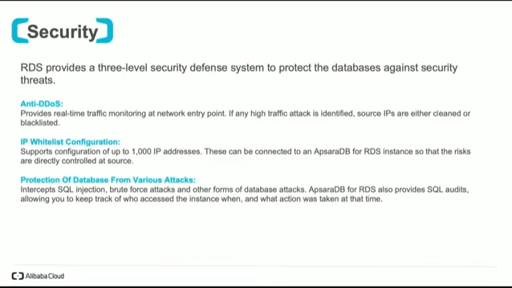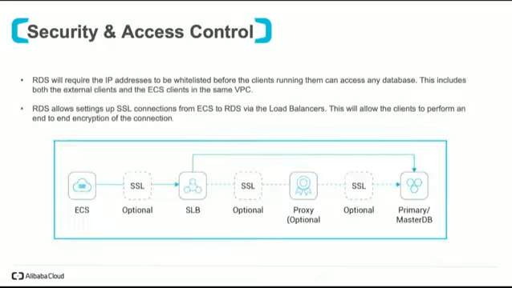It has a web application firewall in front of your RDS, which does things like SQL injection prevention and brute force attack prevention. And also, we will ask you to whitelist the IPs that need to access this database. So this is called a 3-level security defense system.